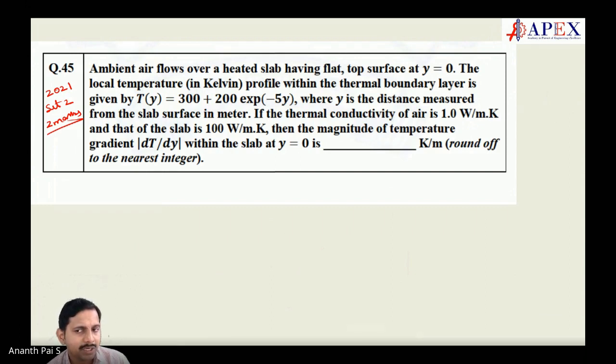If the thermal conductivity of air is 1 and of the slab is 100, then the magnitude of the temperature gradient within the slab at y equal to 0 is. Almost every year you will have one question on this first chapter.